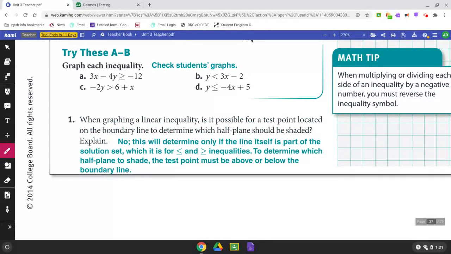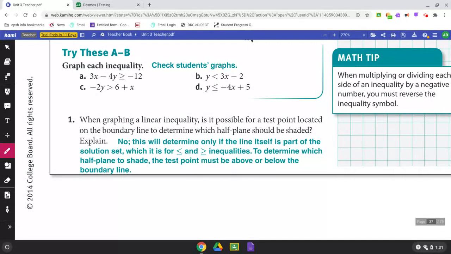So when graphing a linear inequality, is it possible for a test point located on the boundary line to determine which half plane should be shaded? Absolutely not. You cannot use a test point on a boundary line to determine if one side of the half plane is shaded or not. Now, you can use the boundary line to determine if the boundary line is solid or dotted. If you get a true statement, then it would be solid.